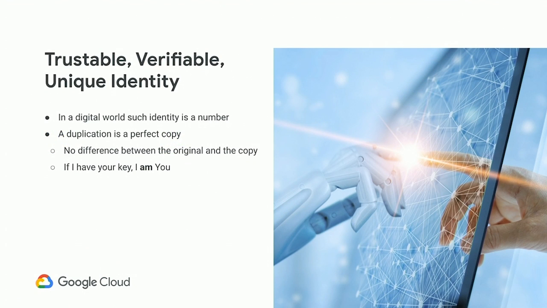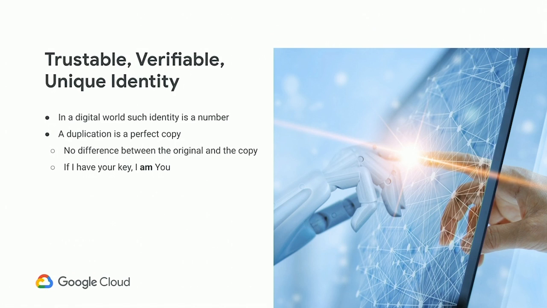So in order to connect a device to a remote service, you need to have a trustable identity. What is a trustable identity in our world? In a digital world, a trustable identity is a number. It's nothing more than just a number that you can make a copy of. That copy will be a perfect copy. You won't even know that someone has made a copy of your private key.